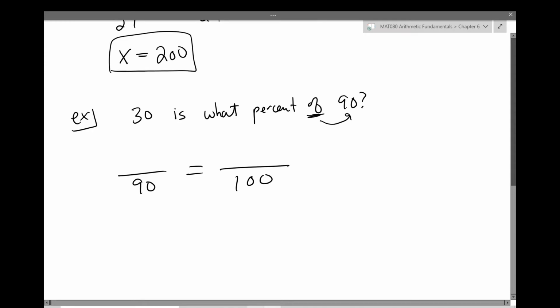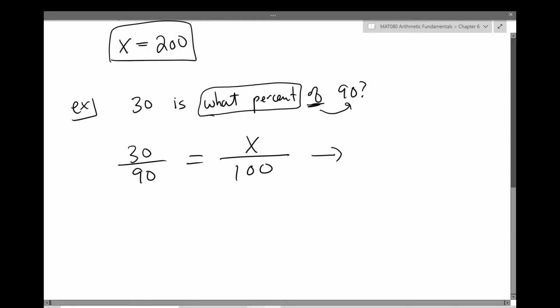Okay, now clearly they're asking for what percent. So there's my x, because I don't know what that percent is. 30 is left over, so that goes right there. Okay, now what I'm going to do here first, you see that 30 over 90? I'm going to reduce that. That actually reduces down into 1/3. I'll leave that up to you to do, okay?